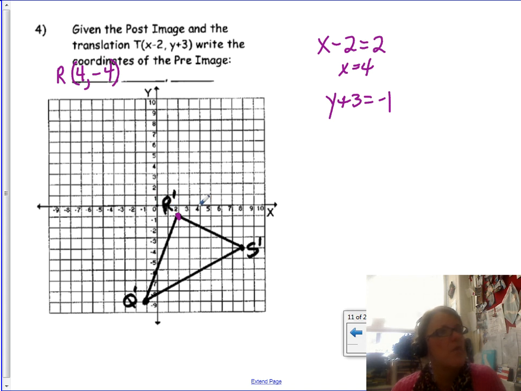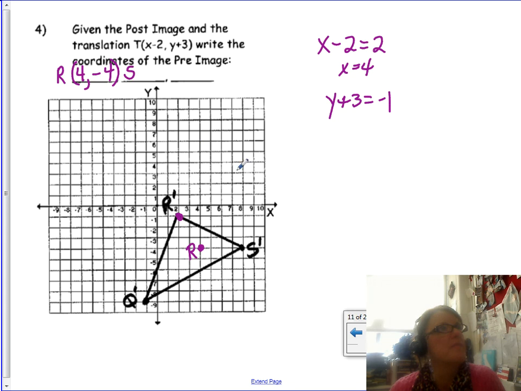So 4, -4. This is where my original R was. Okay, now does that make sense? Think about it. If I start at my original and I go to the left 2, and up 3, 1, 2, 3, did you land at R prime? Yes. So that matched up. I can lock that one in.